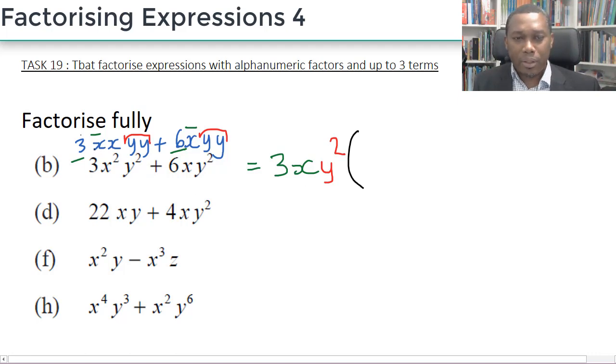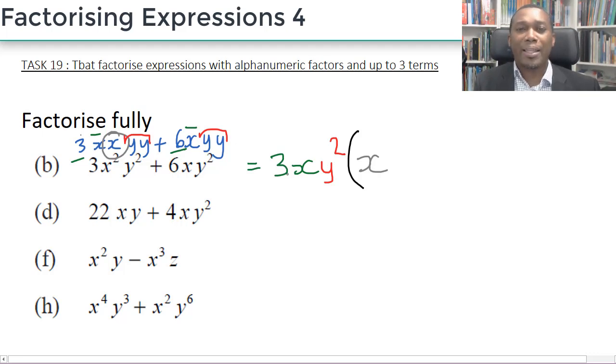And now I go through the process. I wanted 3x squared y squared. I have 3. I have one of the x's, but I'm supposed to have 2 of the x's. One of the x's is missing. That is the x that goes in the bracket. Do I have the y squared? Yes. Do I have the 3? Yes. It's just an x missing. And then for the second expression, I need to have plus 6.